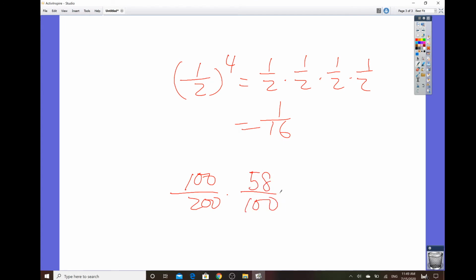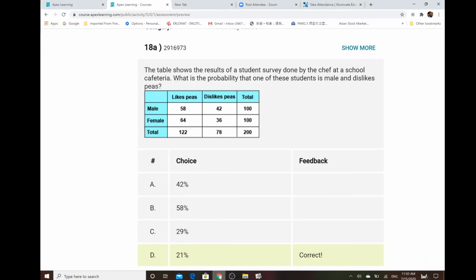And now from here, you want to cross cancel. And for this one right here, you want to reduce. So this one divided by 2 first, 100 divided by 2, then you'll get 29. So it looks like it's 0.29 or 29%.